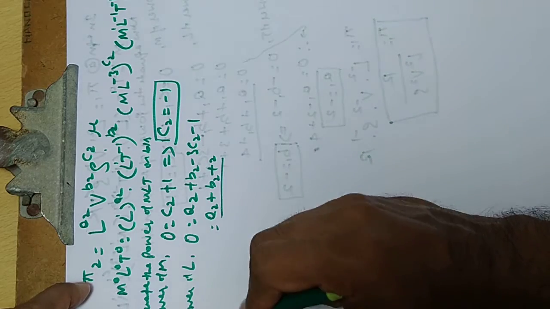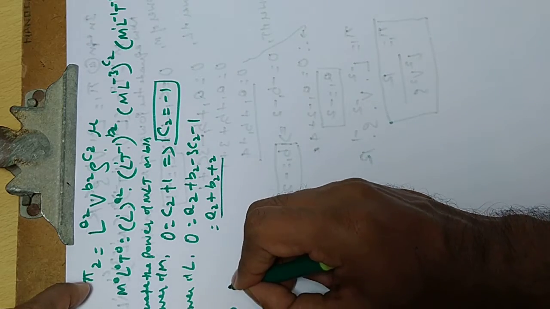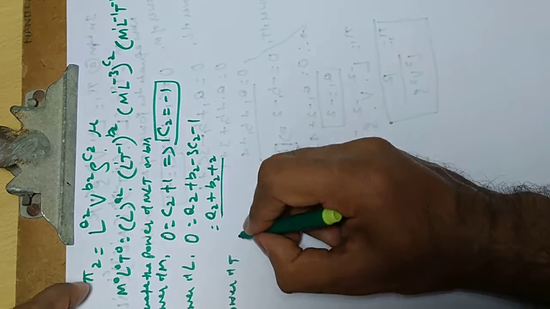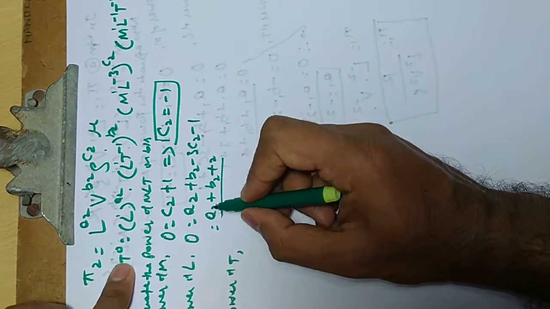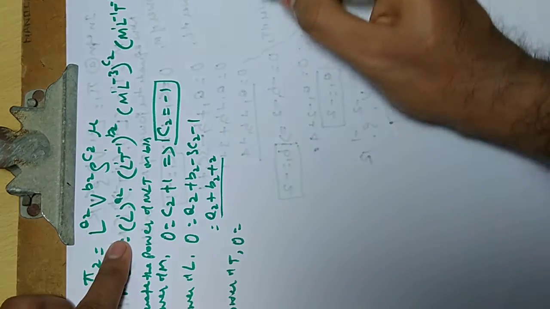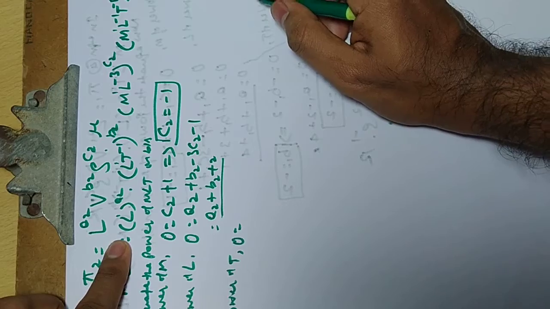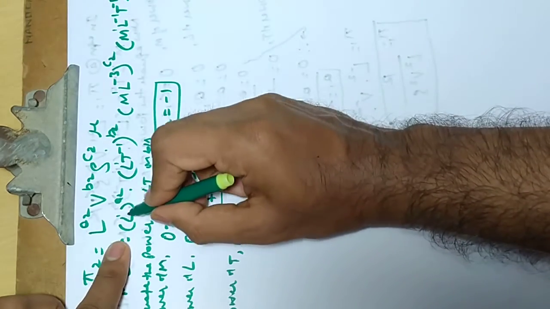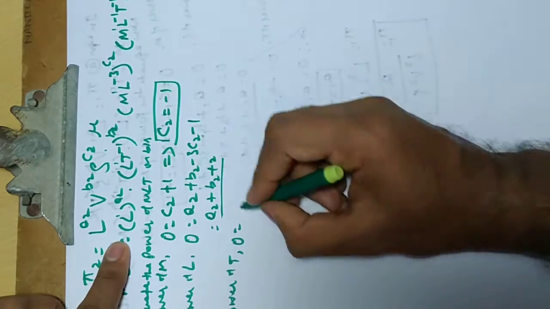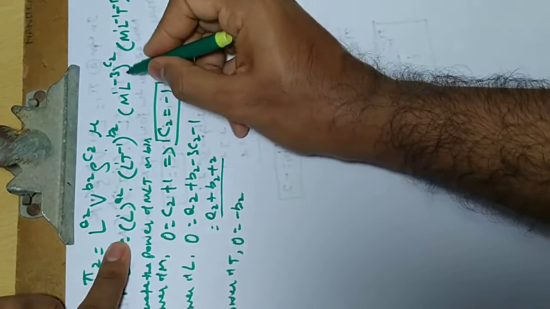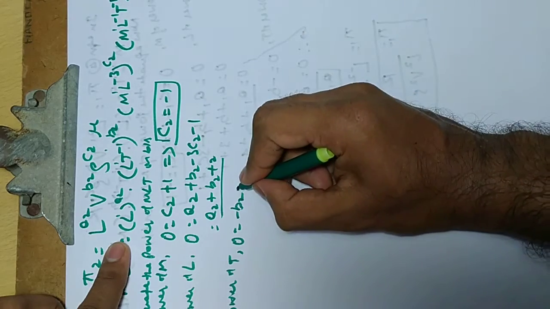Next, the power of t. Equate the power of t on both sides. Here it is 0. Where is the t? Here, minus 1 b2, next is minus 1.